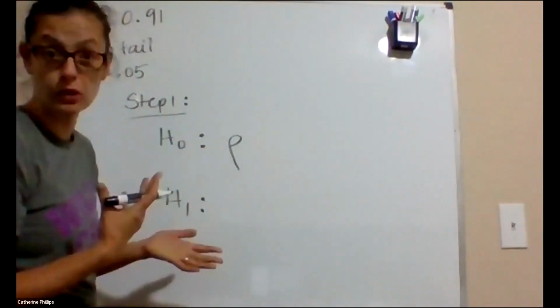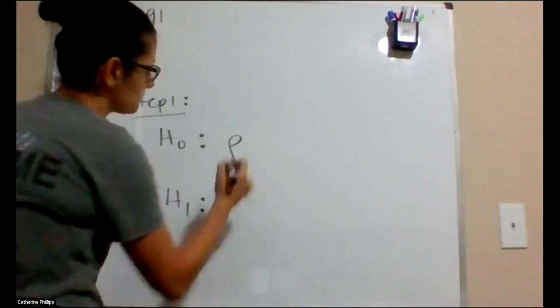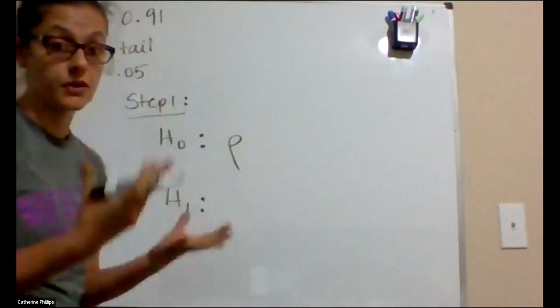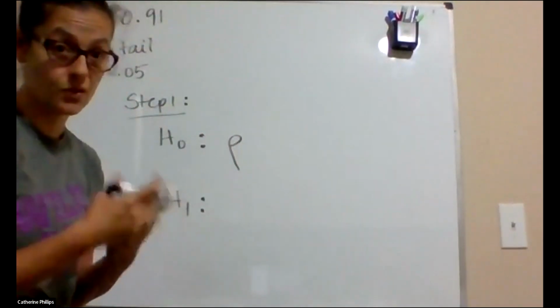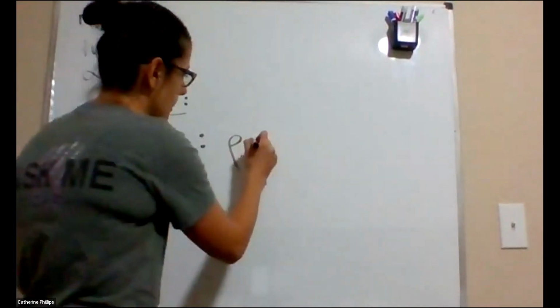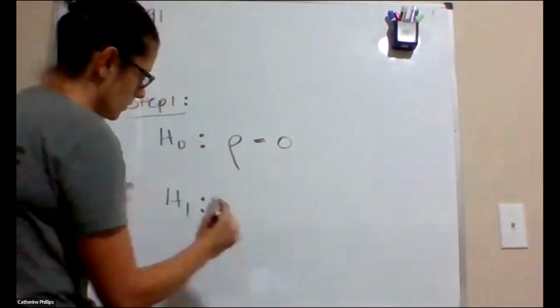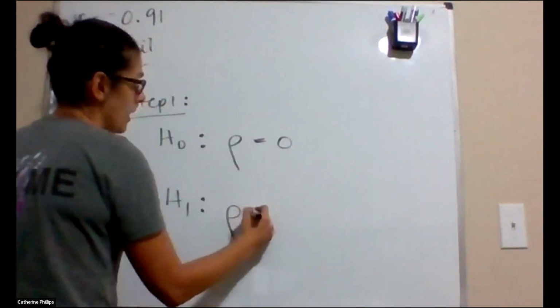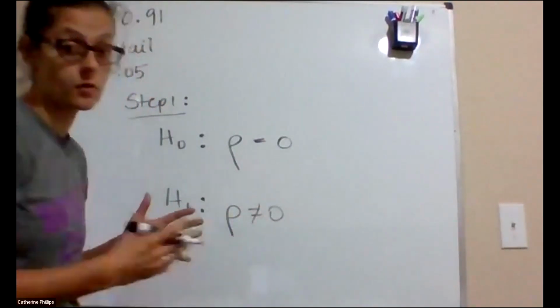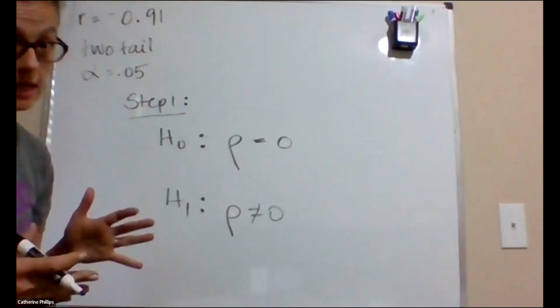This sort of weird looking P thing. So the null is that there is no correlation, that it's 0, right? That rho, the correlation in the population, is 0. And the alternative is that it's not 0 because this is a two-tailed test.